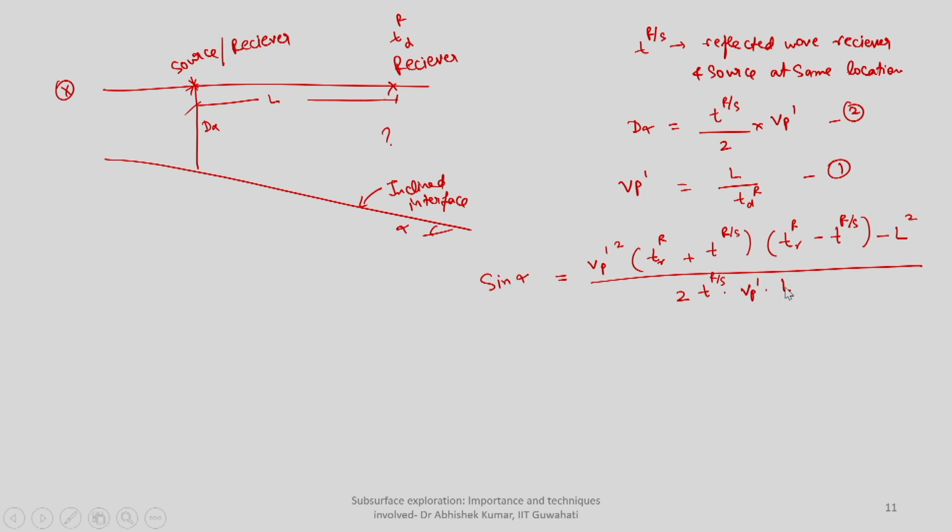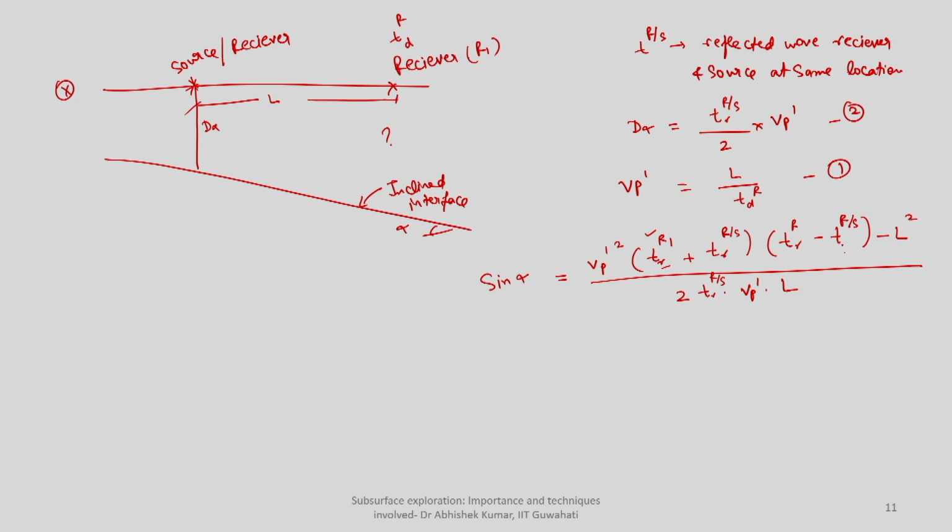So, TR this is called as the time of arrival of reflected wave when you kept the receiver at the source itself. This is the time of arrival at this receiver, okay, I can call it as receiver 1, R1. So, time of arrival of reflected wave at receiver 1, time of arrival of again reflected wave when the source and receiver are kept at same location. L is the distance between the source and the receiver 1.